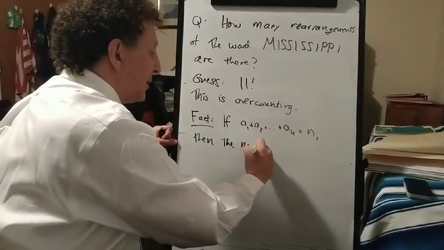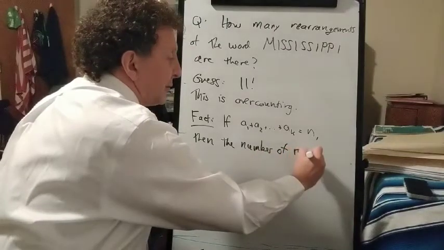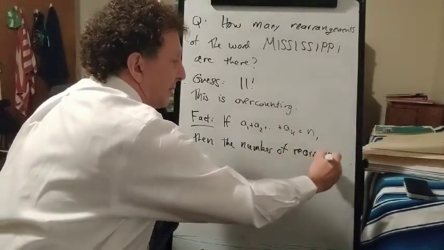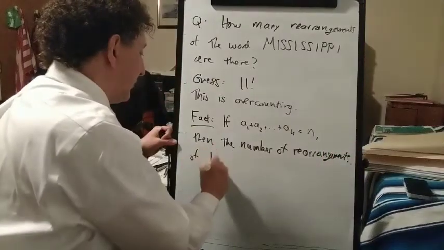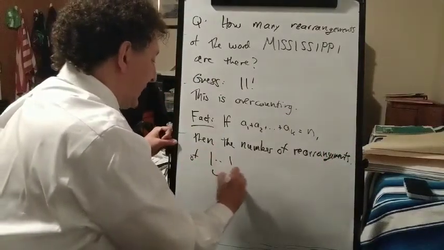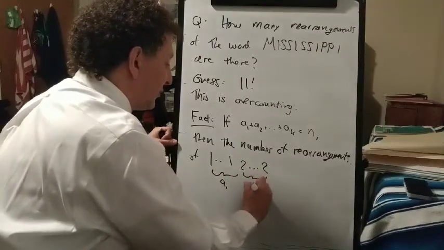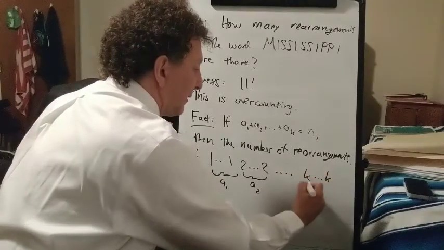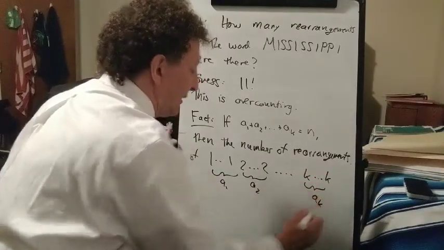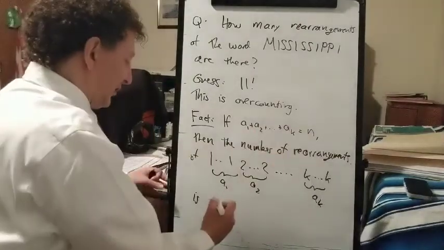Then the number of rearrangements of the word having A1 ones and A2 twos, etc. up to Ak k's is, so we're assuming there's n letters altogether.